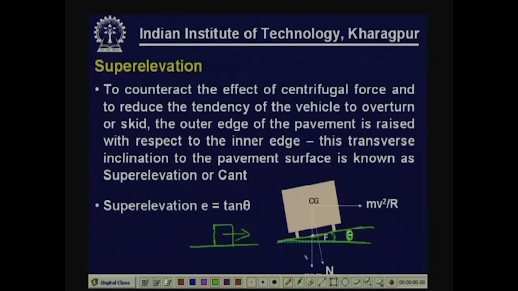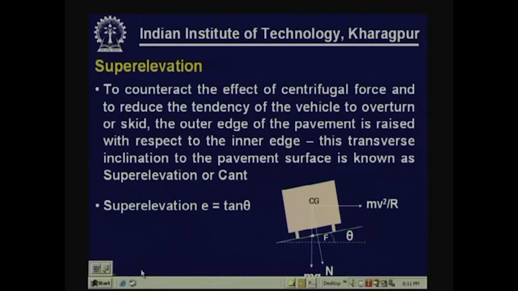This transverse inclination is known as super elevation. We denote it normally by small e, and it is equal to tan theta, where theta is this angle.